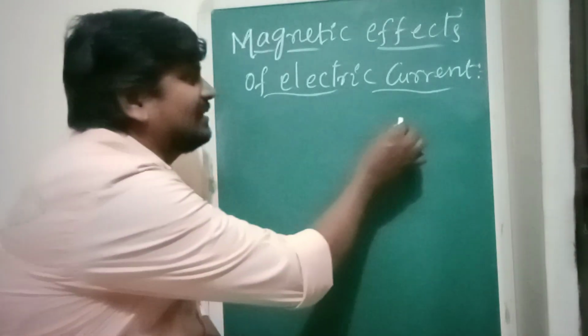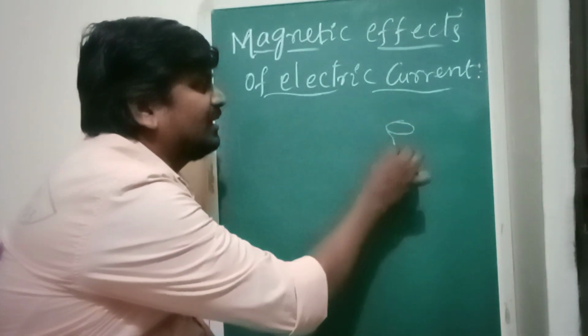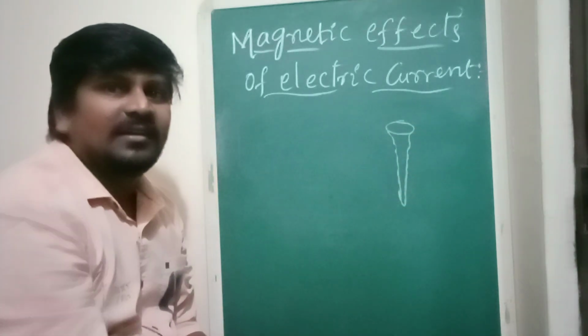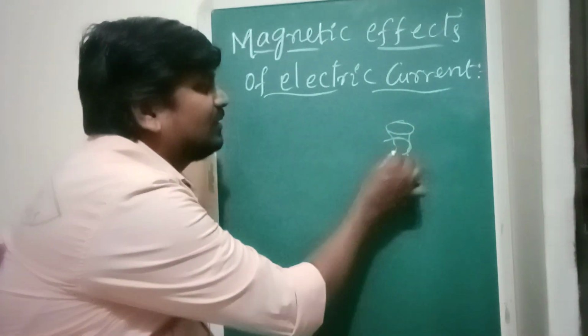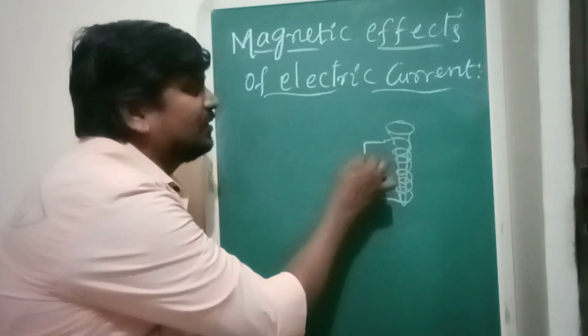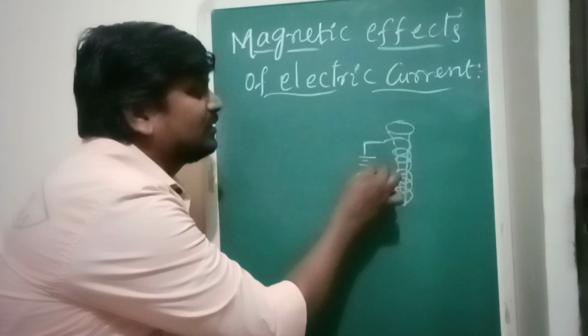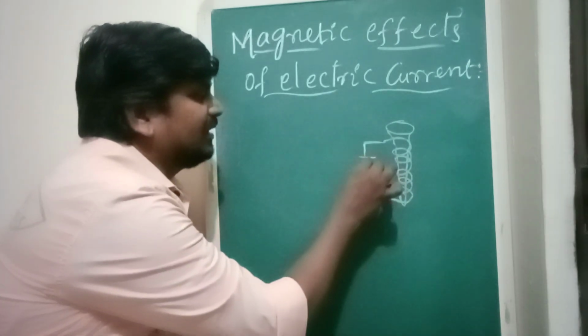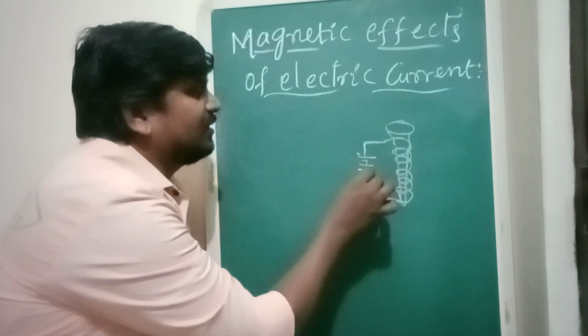In lower classes we have done one activity. You take a nail and wind copper wire around it, which is connected to the battery, so current will pass through it, right? Current is passing from the positive terminal to the negative terminal.